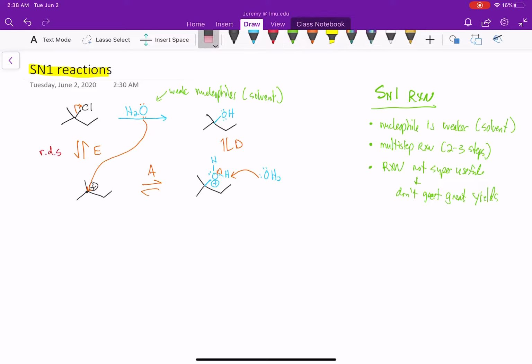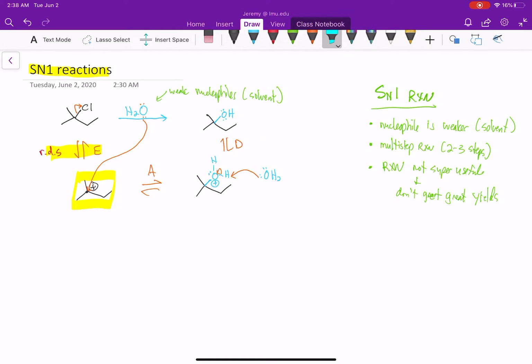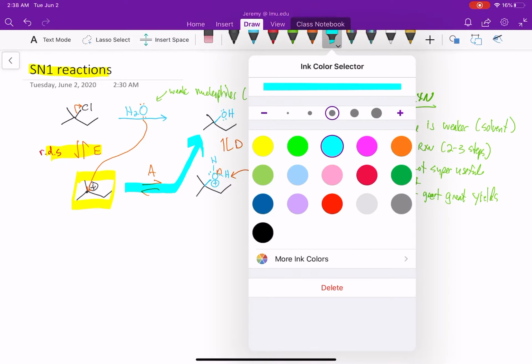In our first step, our rate determining step, our carbon-chlorine bond breaks and we form a high-energy carbocation. So while we definitely can take a path to the right to do the SN2 reaction, there is another path that we can take.